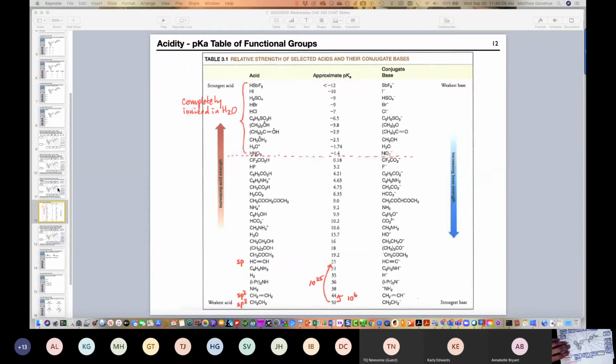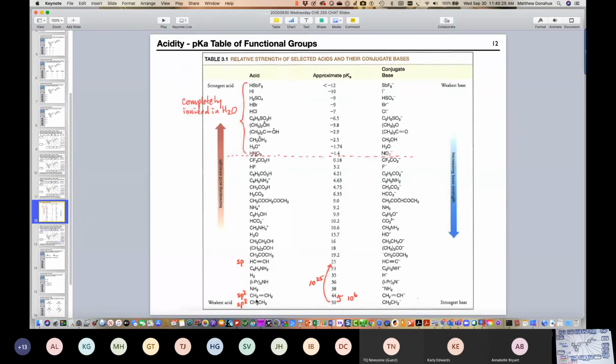Maybe I'll just do it on this handout in the appropriate color. So we said the alkanes were about 50. Now the aromatics, if you look on here, there's not really a benzene ring anywhere.